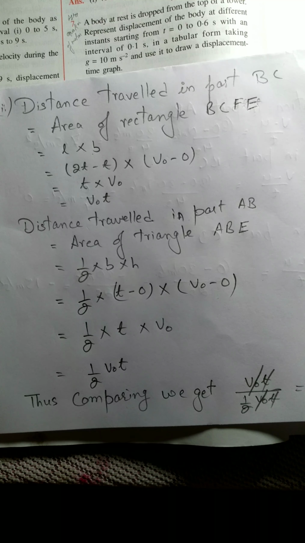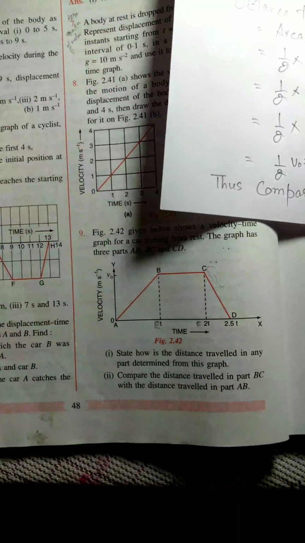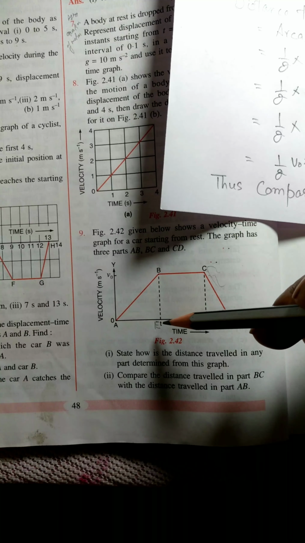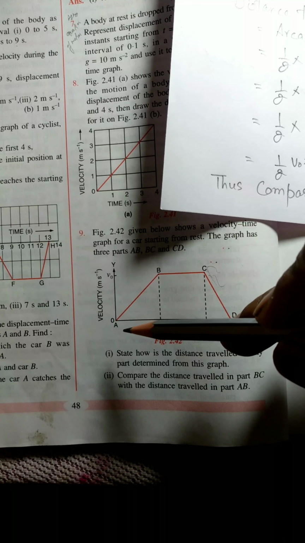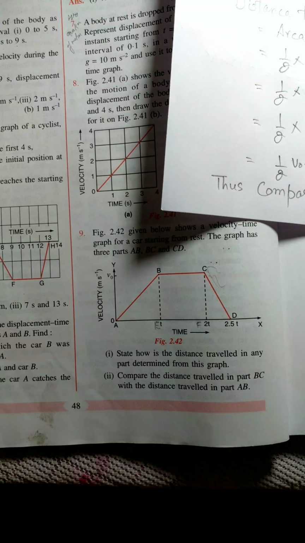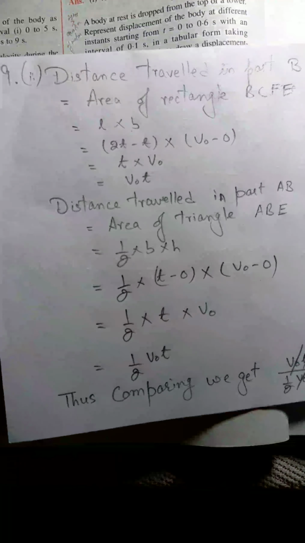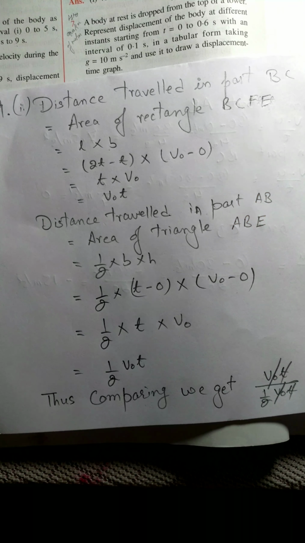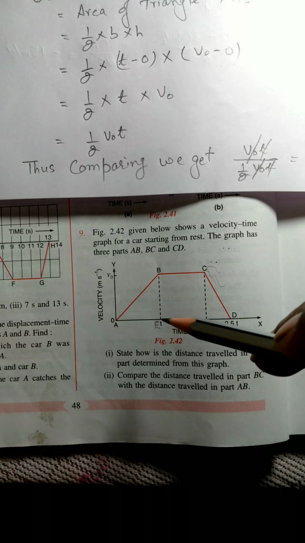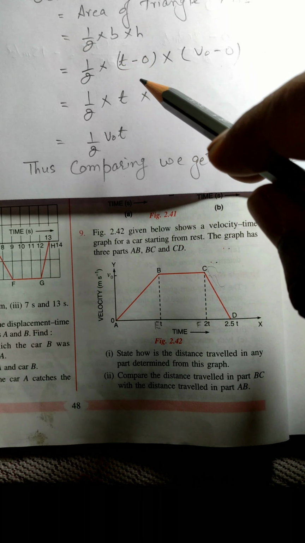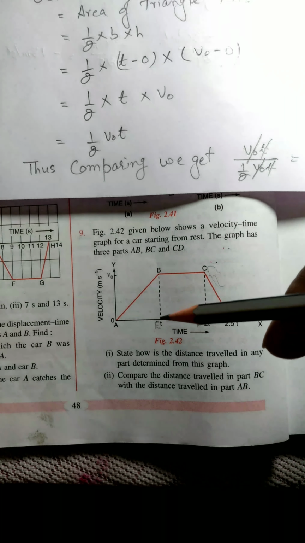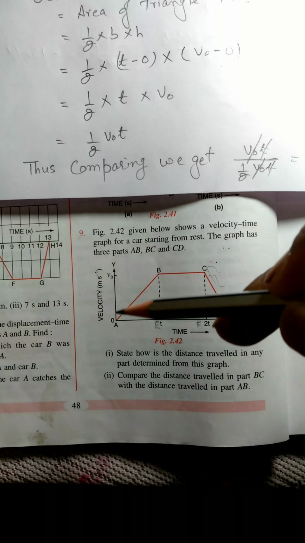Now I am supposed to find the distance traveled in part AB. For AB, the area enclosed will be the area of triangle ABE, whose formula is half into base into height. The base is t minus 0, multiplied by the height v0 minus 0.